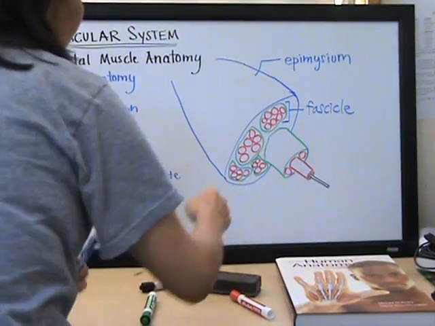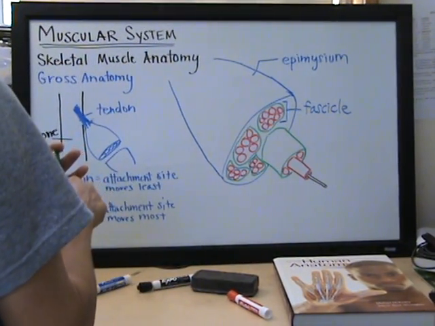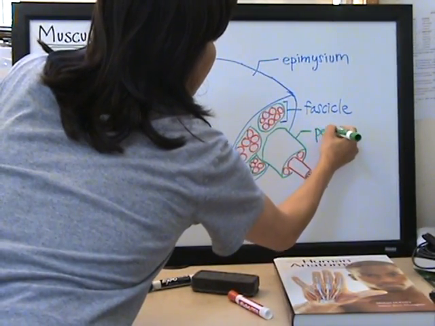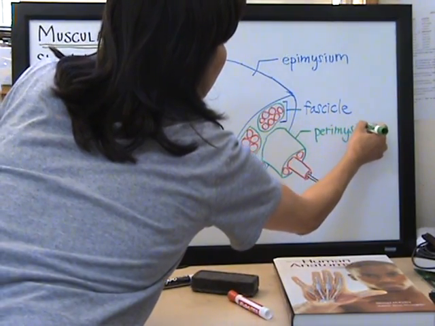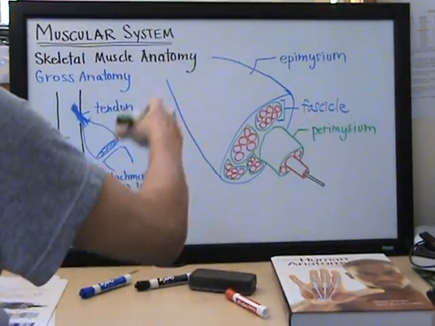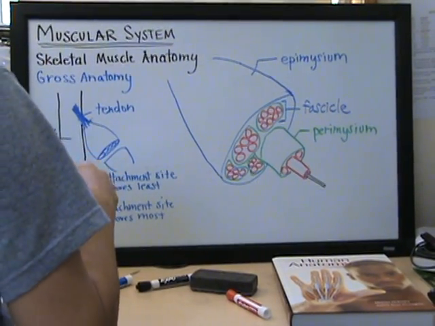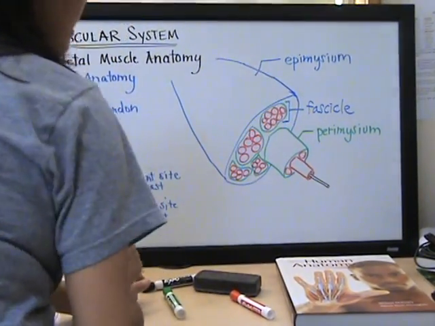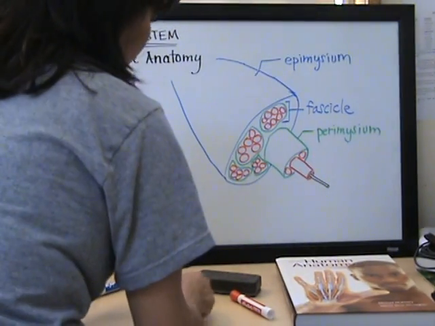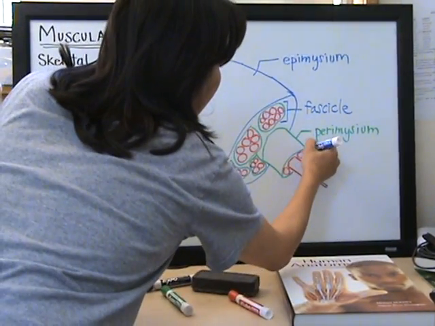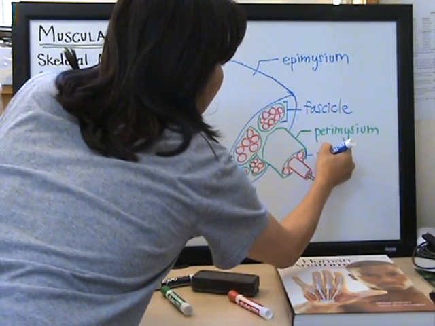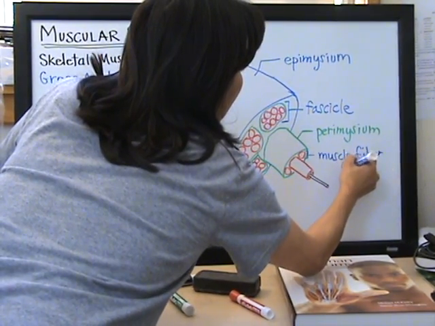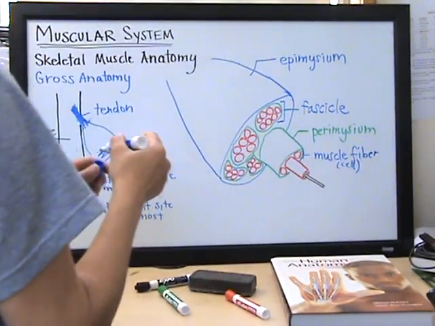Now notice that each fascicle is surrounded by a connective tissue layer, and this one is called the perimysium. Okay, peri means around. All right, now each fascicle can be further subdivided into structures called muscle cells or muscle fibers. So this structure here is a muscle cell or muscle fiber.